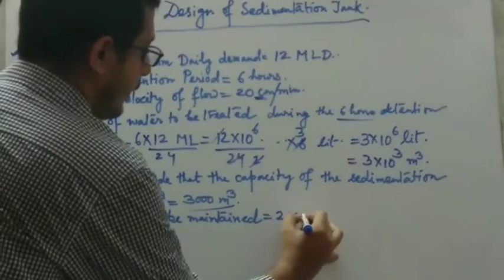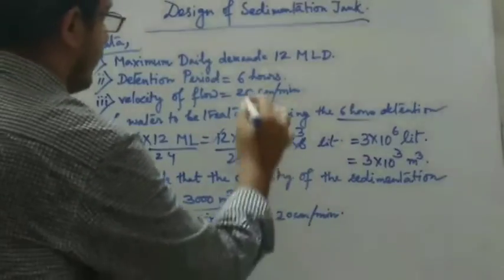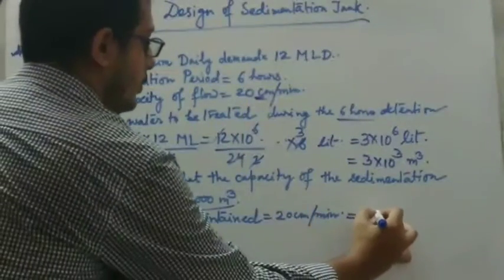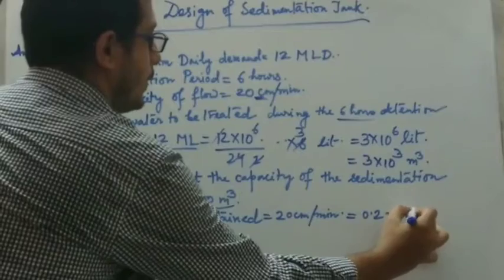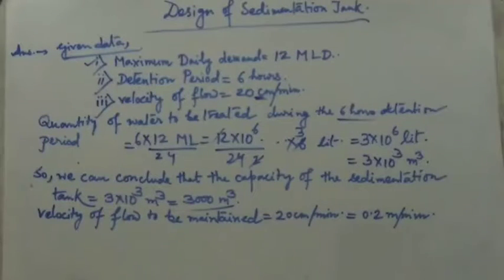That is 20 centimeter per minute. So we can write 0.2 meter per minute. This is the velocity of flow to be maintained.